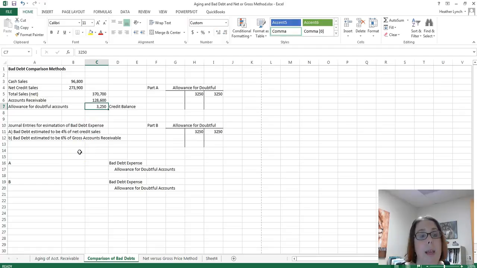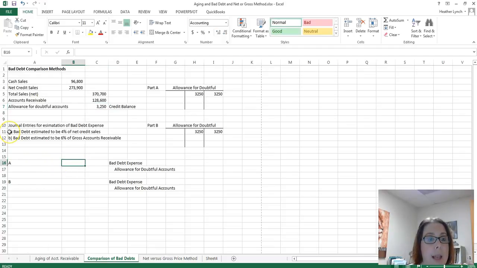I had bad debt estimated to be 4% of net credit sales and bad debt estimated to be 6% of gross accounts receivable. When we're looking at estimated credit sales, this is considered the income statement version because we're looking at sales, and sales are on the income statement. For that one, I don't really have to be concerned with what is already in the allowance for doubtful accounts.